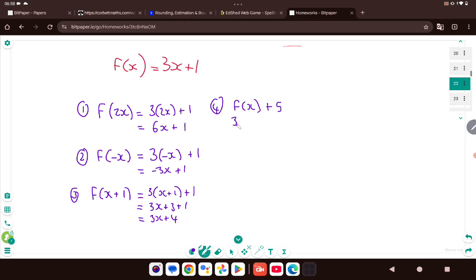This time I've just got my function and I'm adding 5 to it, which would give us 3x plus 6. Okay, one more. 2f of x means you're multiplying your function by 2, which will give you 6x plus 2.